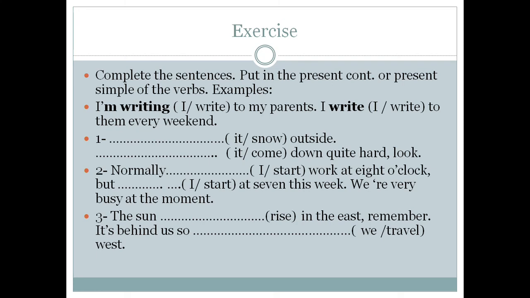So we are traveling west should be in present continuous because it's an action going on at the moment of speaking. So traveling, we use the auxiliary verb are, and traveling we add ing and we should double the L.